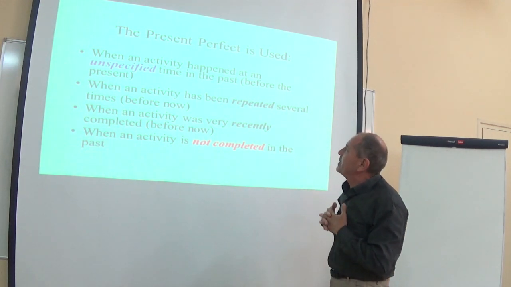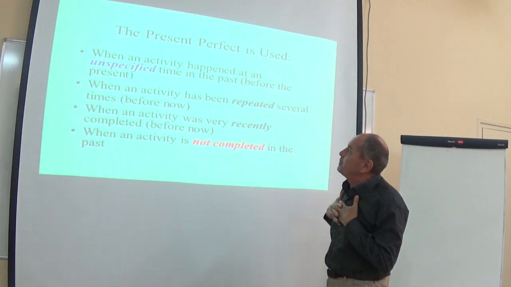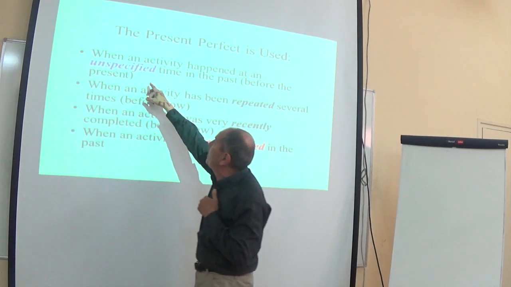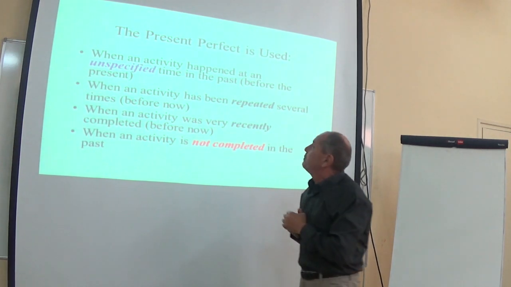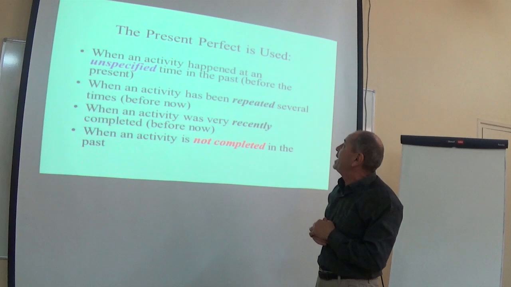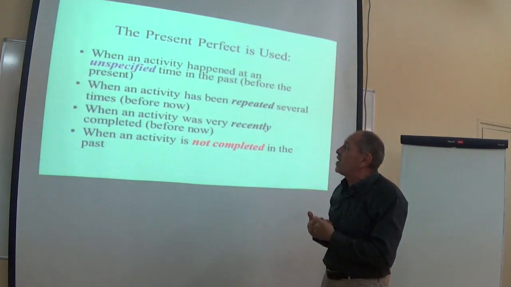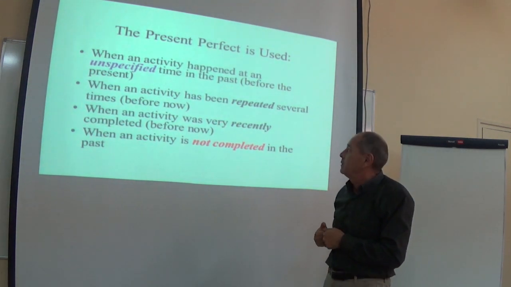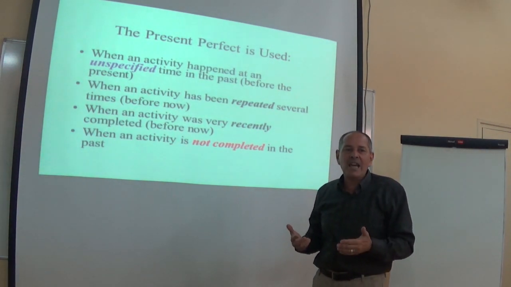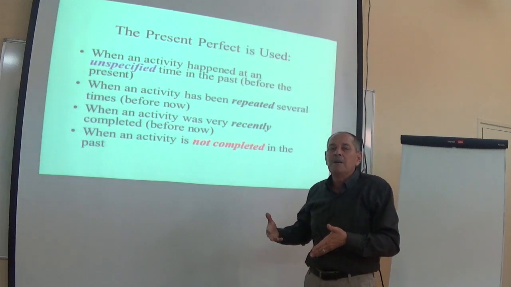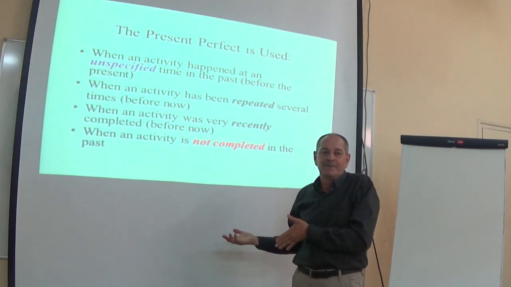So, when an activity happened at an unspecified, not fixed time in the past before the present, when an activity has been repeated several times before now, you say, I have taken, I have sat for many exams.